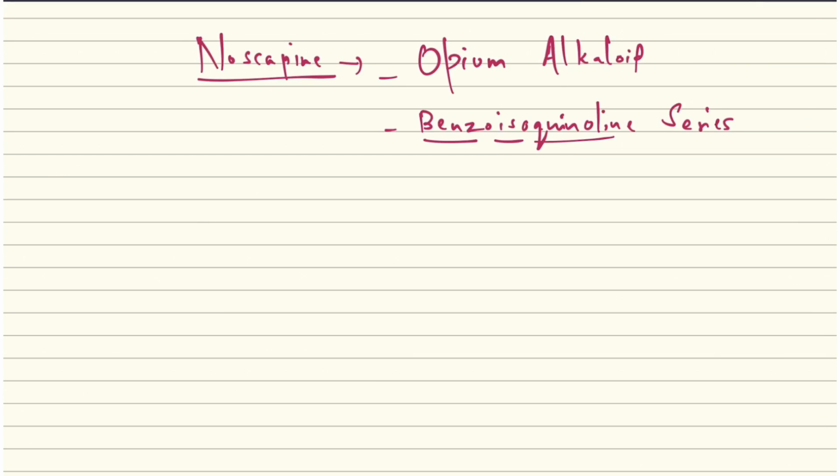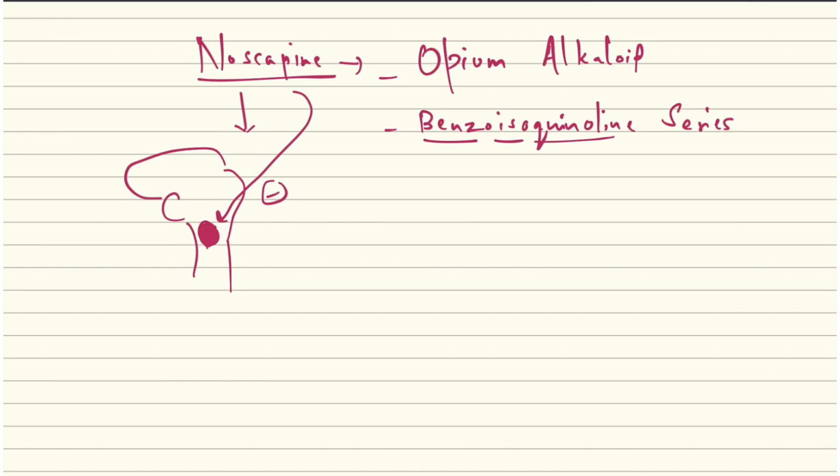So what is the mechanism of action? It acts on the central nervous system in the cough center, and as we know, most antitussives block the cough center present in the medulla oblongata. So noscapine blocks this cough center present in the medulla oblongata.